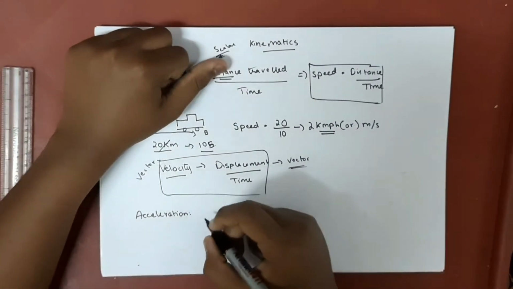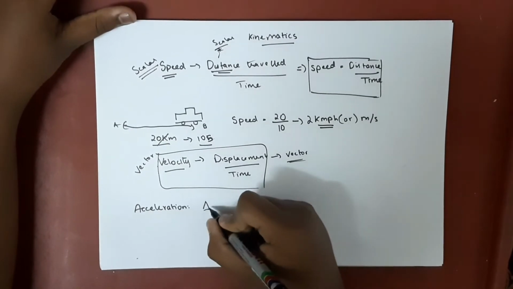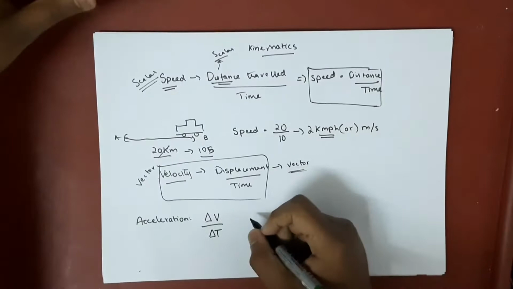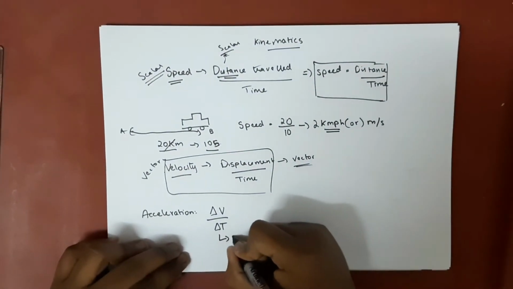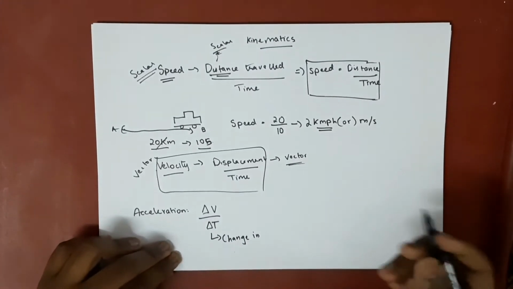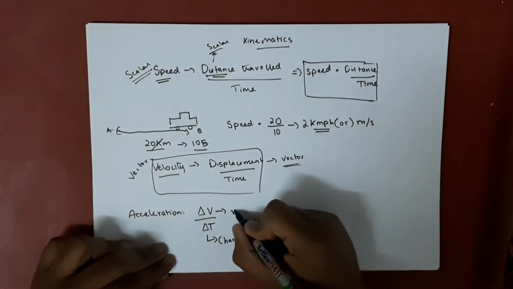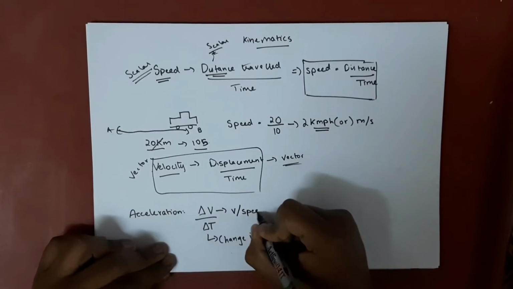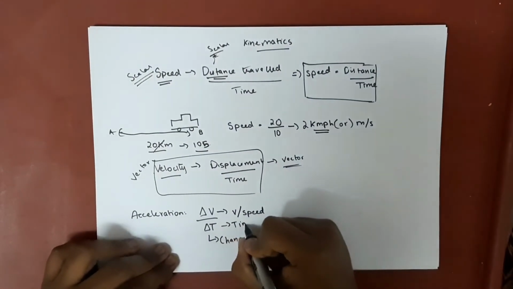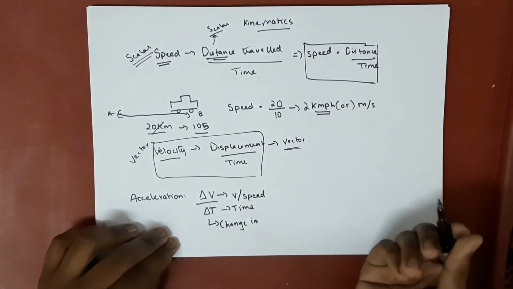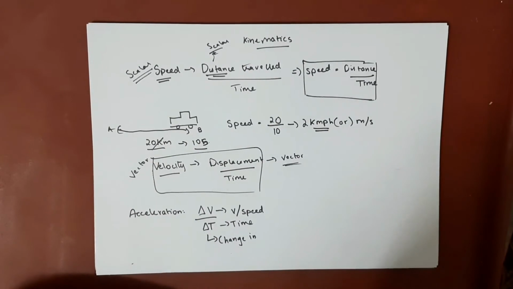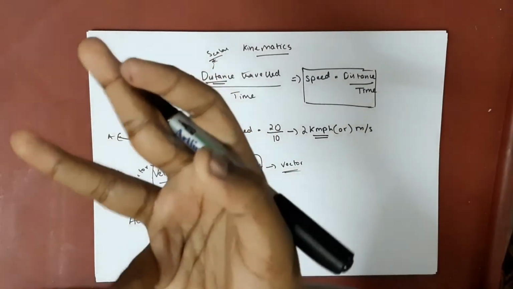The equation for acceleration will be delta V upon delta T. Now, delta means change in. So if there's a change in velocity or speed, we can say delta V. And if there's a change in time, we say delta T. As we already saw, velocity is the distance traveled in a certain amount of time.